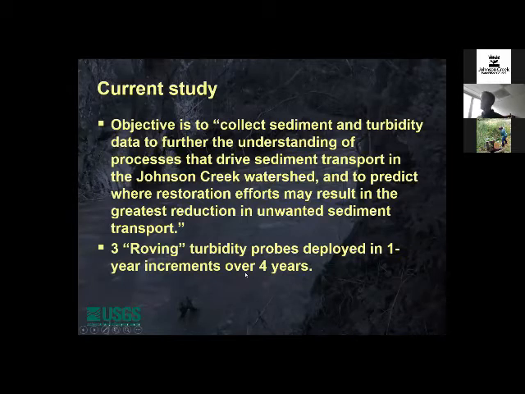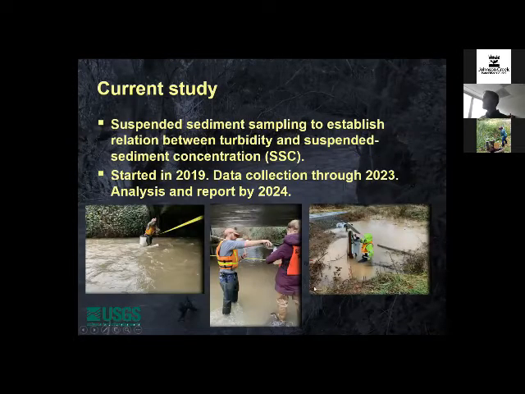So with this current study, our idea is to have three roving turbidity probes that we move around the basin over the course of four years. The idea is to try to track down where we're seeing more sediment than we would expect just through natural happenstance. We want to collect as much data as possible from a wide area and hone in by moving upstream as we see signals.